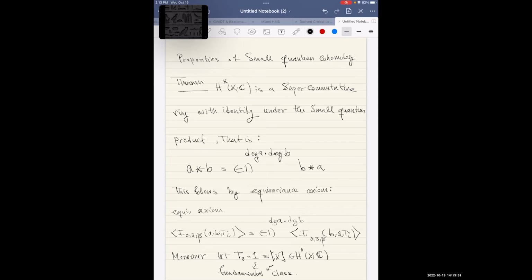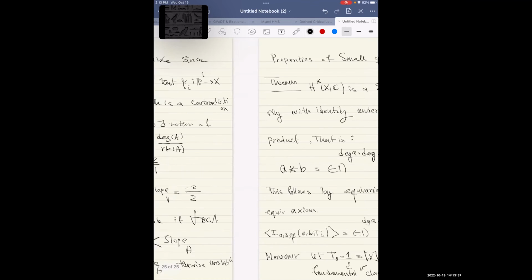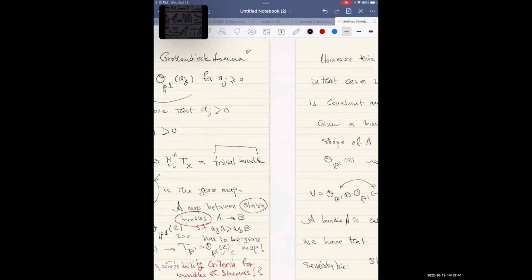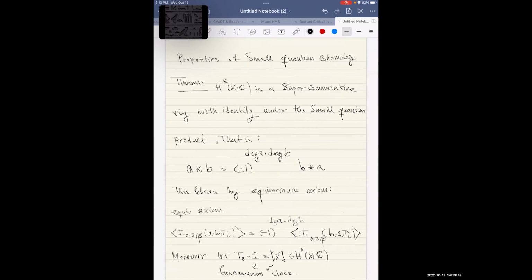The first part is actually a result of the equivariance axiom. So it's a supercommutative ring, we are saying, with identity under the small quantum product. The fact that it's a supercommutative ring is because of the property of the Gromov-Witten invariants and the Gromov-Witten classes.